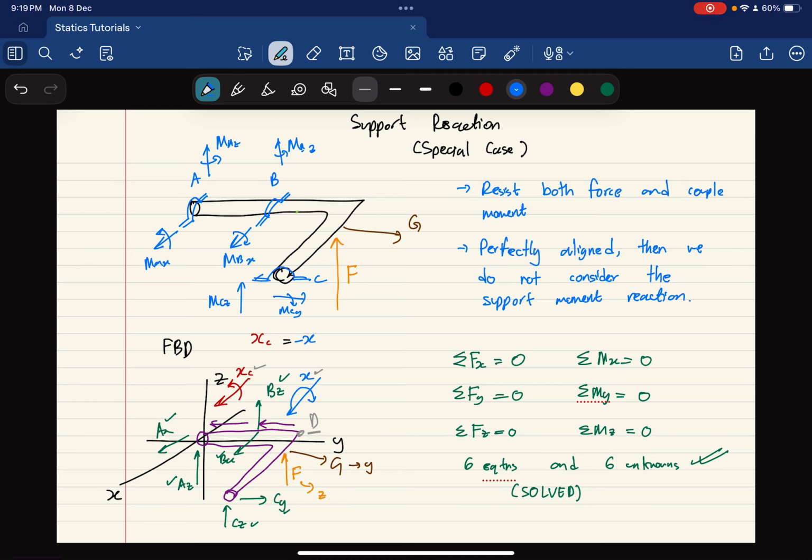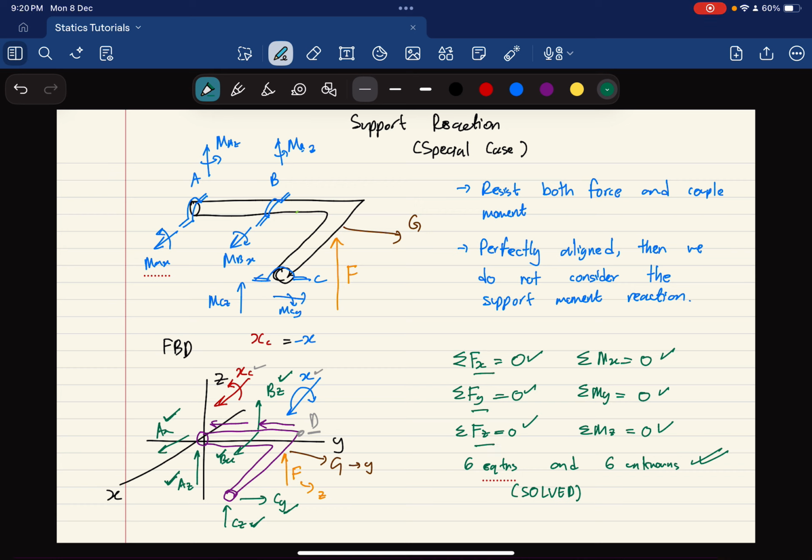Okay? That's one reason. The second reason, like I said earlier, is we only have 6 equations. We only have 1, 2, 3, 4, 5, 6. And we only have 6 unknowns, which I mentioned earlier, the support reaction forces. Okay? So we can easily solve these 6 unknowns with the help of these 6 equations that we have here.